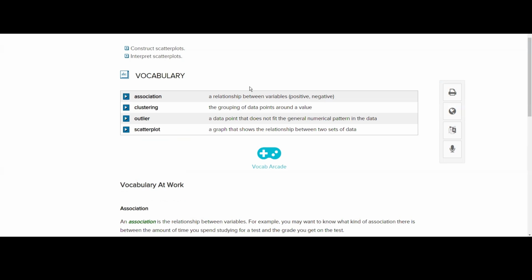This is a graph that shows the relationship between two sets of data. So please, you need to take note of these 4 points, okay? Is that clear? Can you hear me? Yes. Good. So you need to take note of these 4 points.